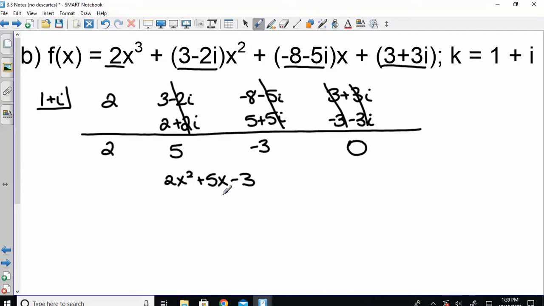So, what do I do now? Flip and slide. So we get x squared plus 5x minus 6. What would that factor into? Should be positive 6 and negative 1, right?